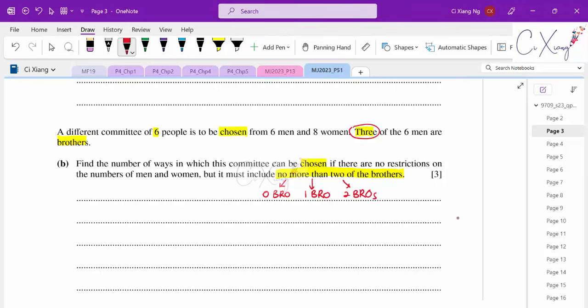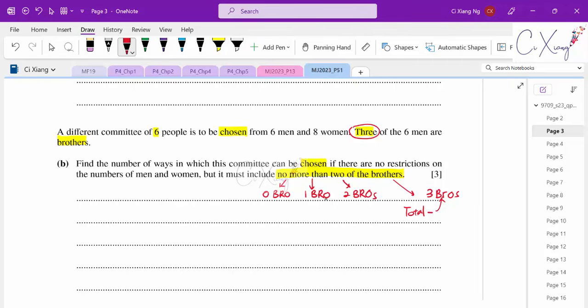To me, because I feel that calculating these 3 cases separately is longer, what I want to do is find the case where all 3 brothers are in the committee, and take total minus this case. Then to me, I think it will be slightly shorter. So there are 2 methods to solve this question.